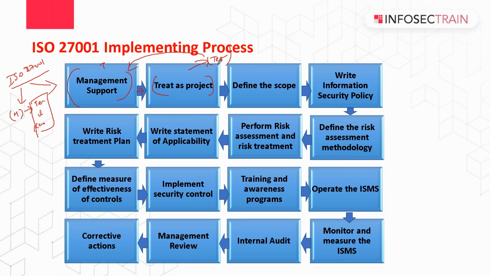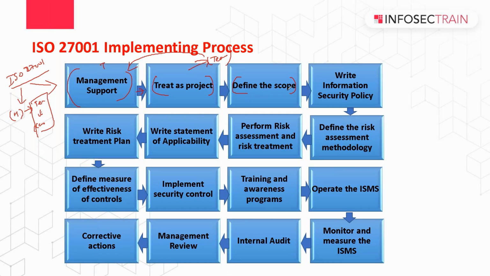And in that outline, I'm going to define the scope first. I'm going to define a scope that we want to achieve. We want to go with ISO 27001, that is your information security management system. We are going to set up a boundary.